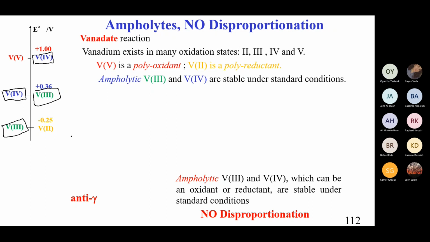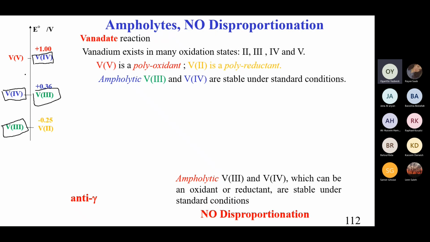So vanadium 5 is a polyoxidant, and vanadium 2 is a polyreductant.